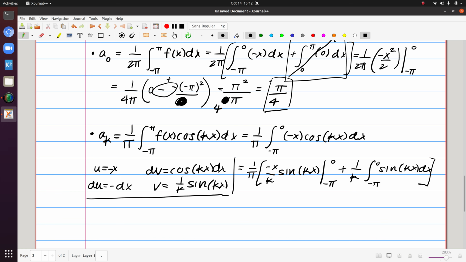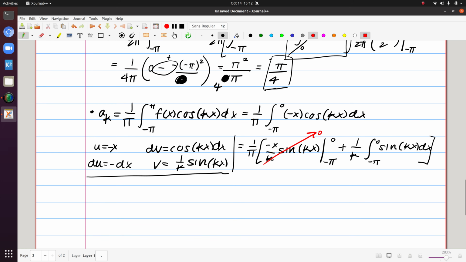Now, just like we observed in the previous example, I have the sine of kx where I'm evaluating that either at x equals 0 or x equals minus pi. That's going to always evaluate to 0. So I can reduce this, and now I'm left with 1 over k pi, taking that 1 over k back out.